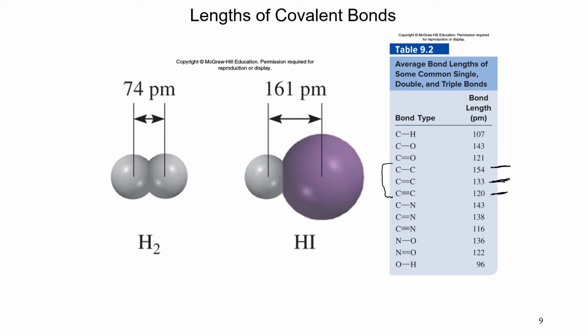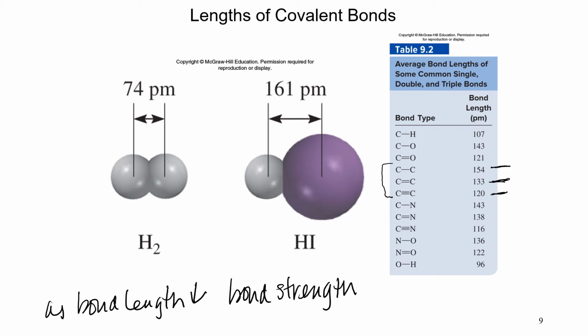So this helps explain bond strength. As bond length decreases, bond strength increases. So it's harder to break a triple bond than a double, than a single. Okay.